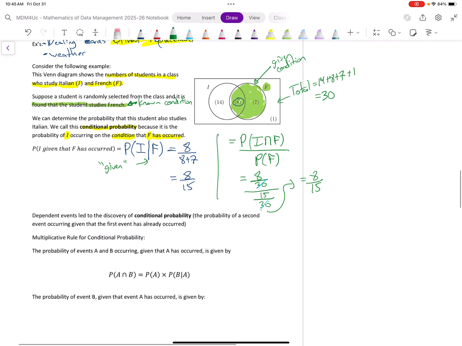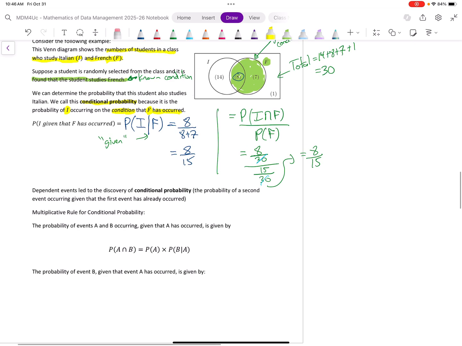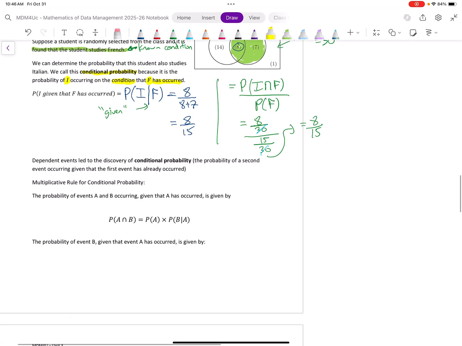So this is an example where you have conditional probability, and you can actually work out that formula just like I had above, but generalize it a bit more. And so there's this multiplication rule for conditional probability.